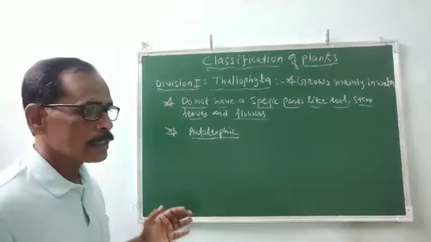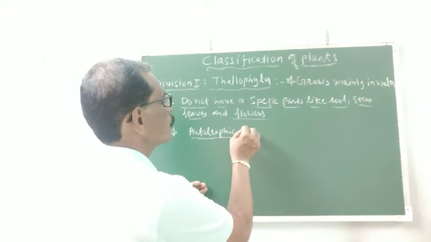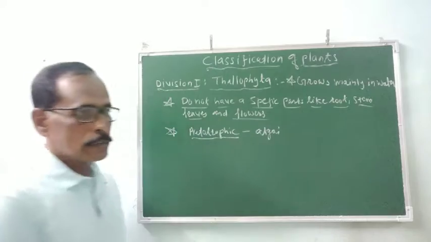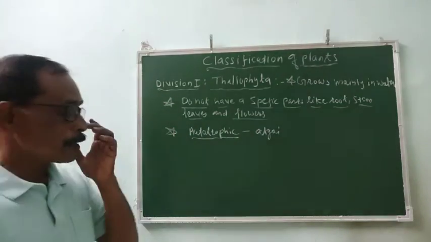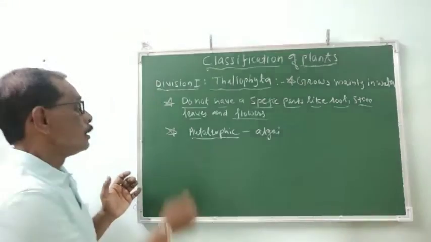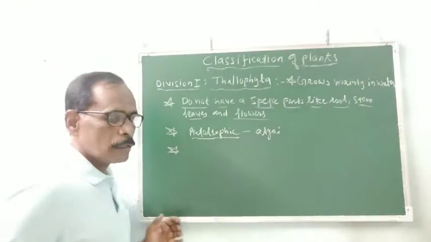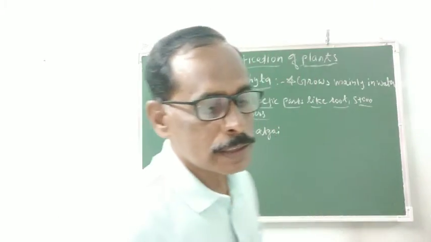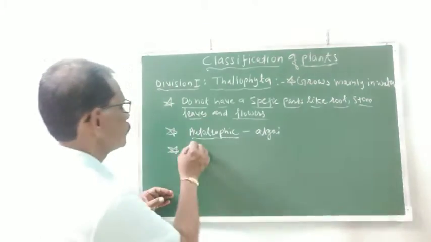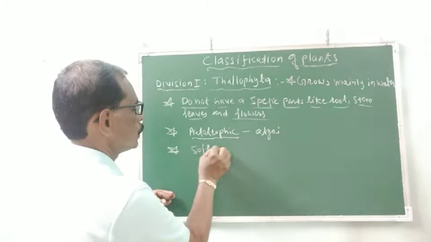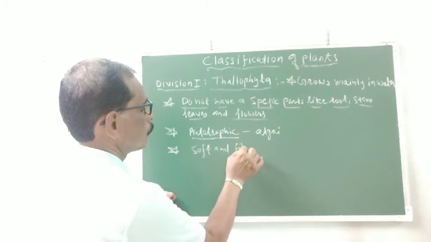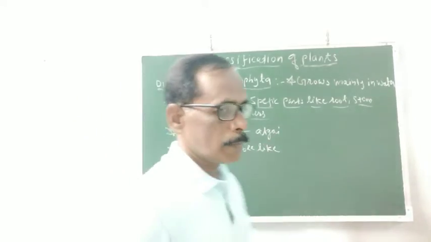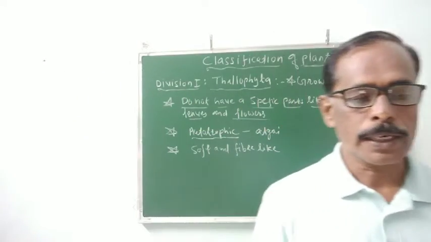So they are autotrophic, and these autotrophic thallophytes are known as the algae. The plant body of algae is soft and fiber-like.